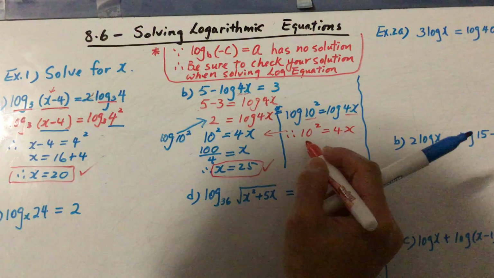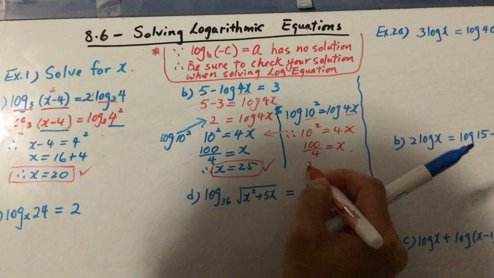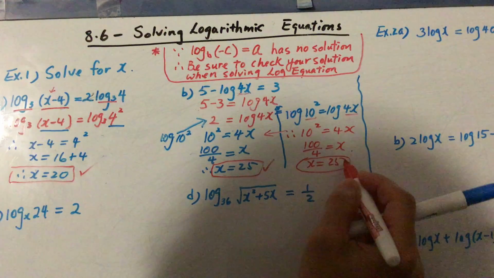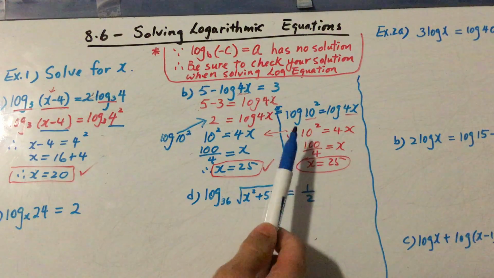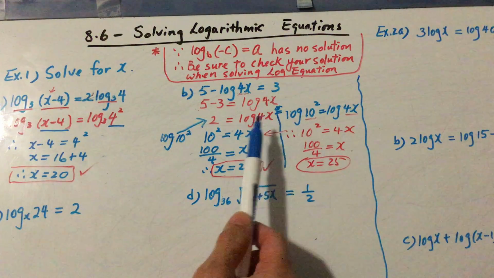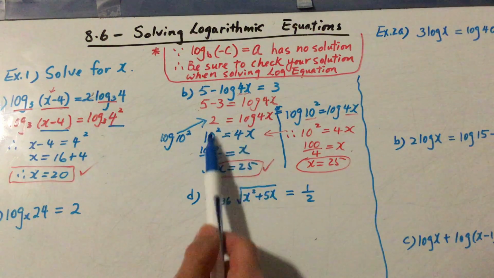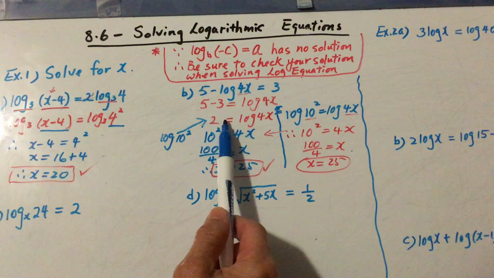So solving, again, 100 divided by 4, you get x, so x is equal to 25. You still get the same answer, it's just the way you treat the question differently. The first way, we turn everything into exponential form from this line.